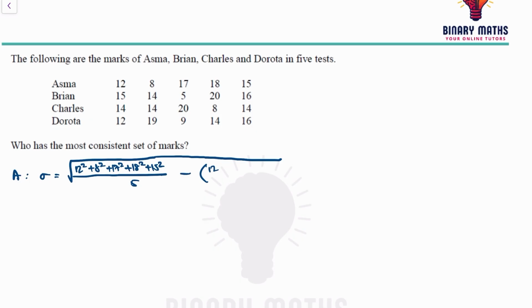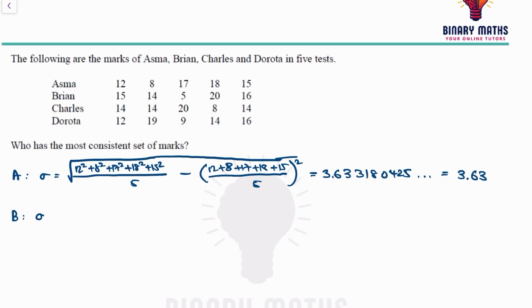The mean is just 12 plus 8 plus 17 plus 18 plus 15 all over 5, squared. When I put this into my calculator, I get 3.633180425, which rounds to 3.63 to 2 decimal places.